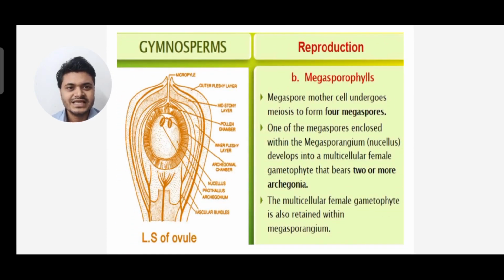Now you can see the LS of the ovule highly magnified. The micropyle is there, the outer fleshy layer is there, the vascular bundles are there, the archegonium is there. This is the most important part: archegonium, archegonial chamber, prothallus. The megaspore mother cell undergoes meiosis to form 4 megaspores, and one megaspore enclosed within the megasporangium, the nucellus, develops into a multicellular female gametophyte that bears 2 or more archegonia.